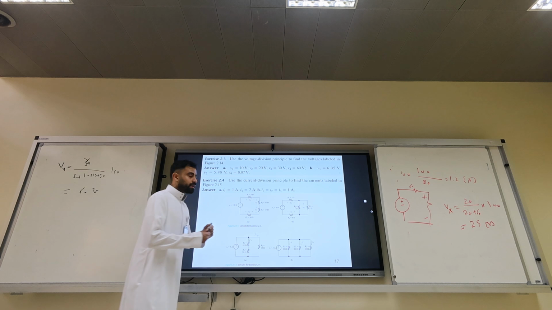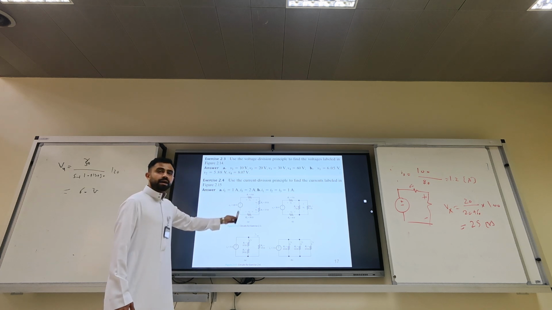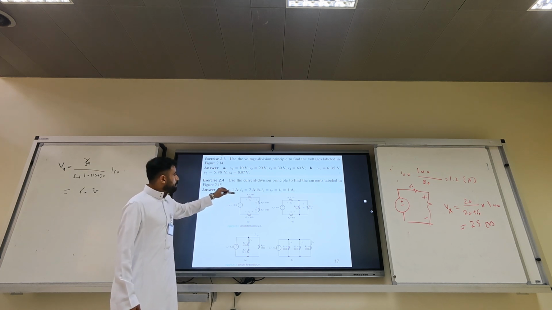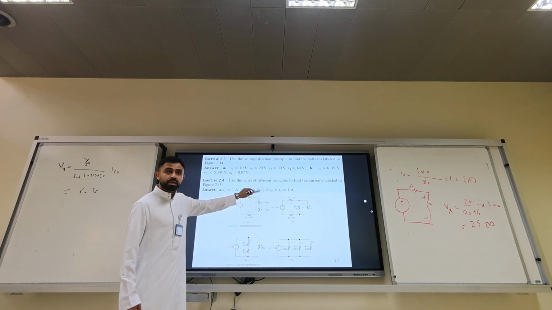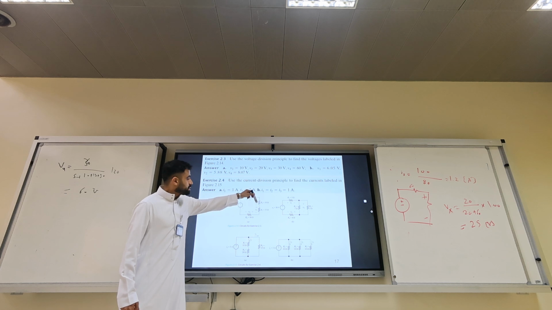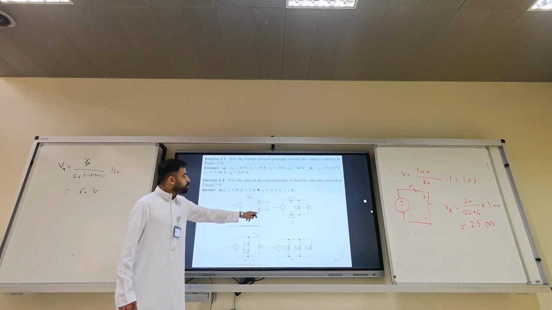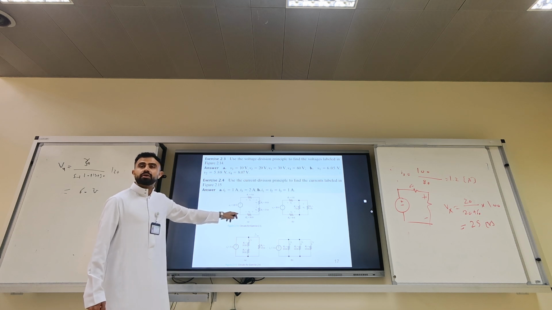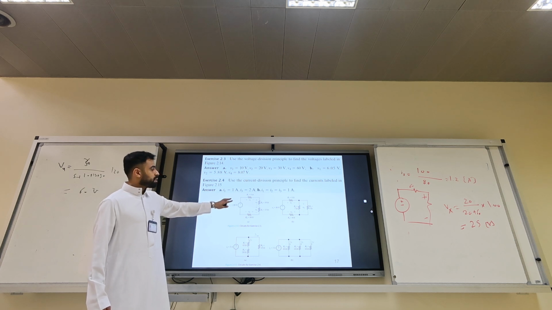Again, if you do KVL, voltage rise 120 minus 10 is what? 110 minus 20, 90 minus 30, 60 minus 60, 0. Sanity check. Trust but verify.